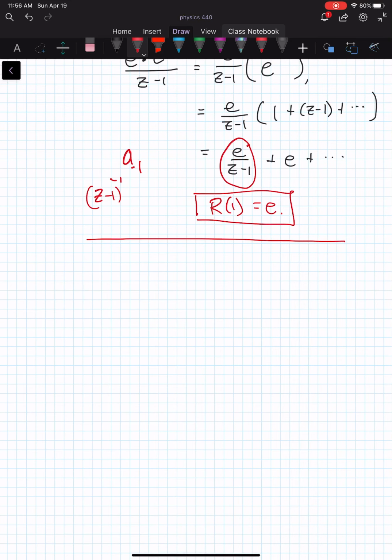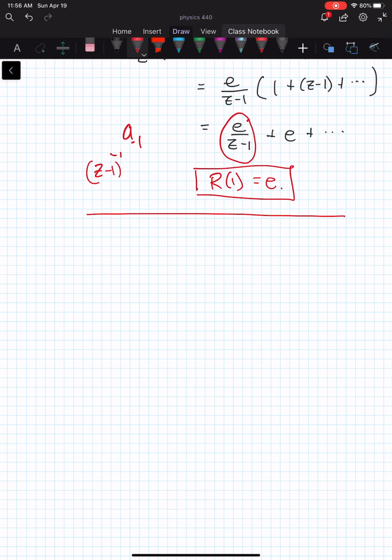If you think about what the residue actually means and what it looks like, we're going to use the fact that you can write R of z naught as the limit as z goes to z naught of z minus z naught times f of z.